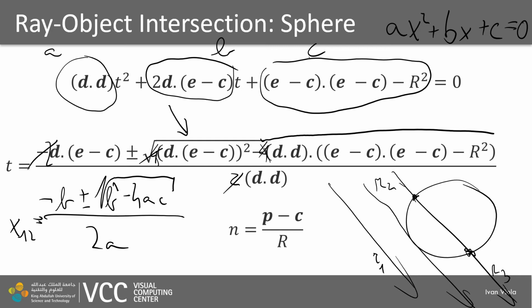If the discriminant is equal to 0, that would mean that our ray is exactly touching the sphere at one point.